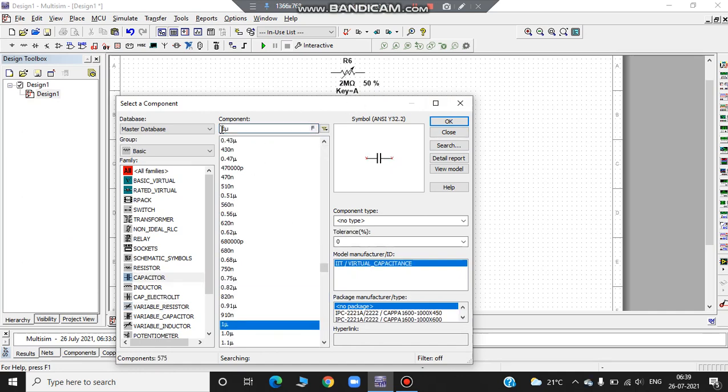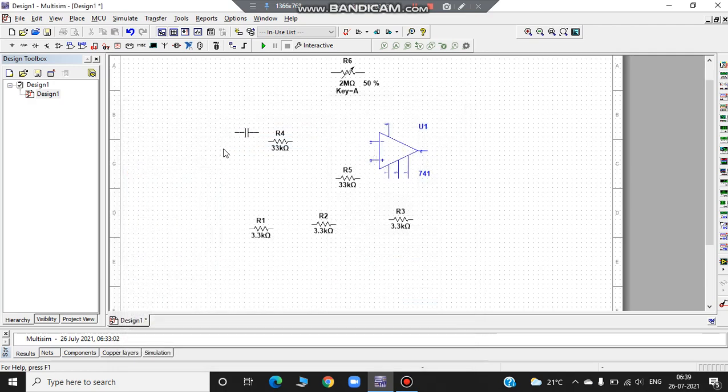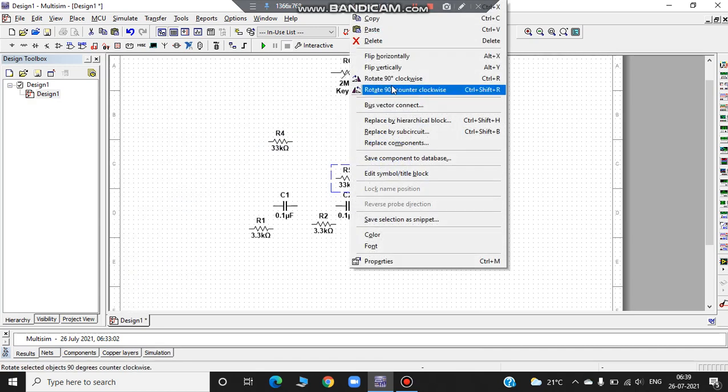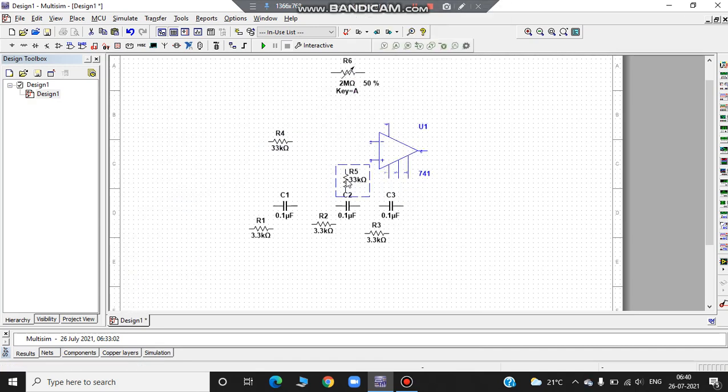And I'll take 3 capacitors of 0.1 microfarad. Let's flip this or rotate this.